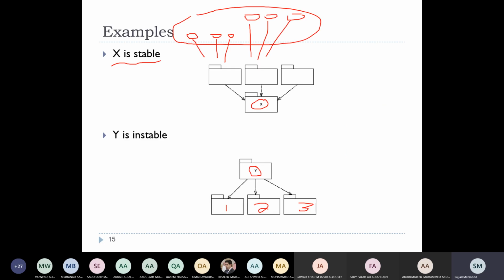Now, let's go back to the question of hierarchy. Based on this formula, if I want to calculate the stability of a package X, does the hierarchy have any impact according to this formula? No. According to this calculation, hierarchy does not have any impact, right?